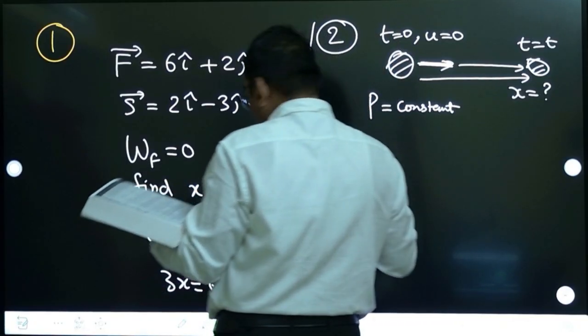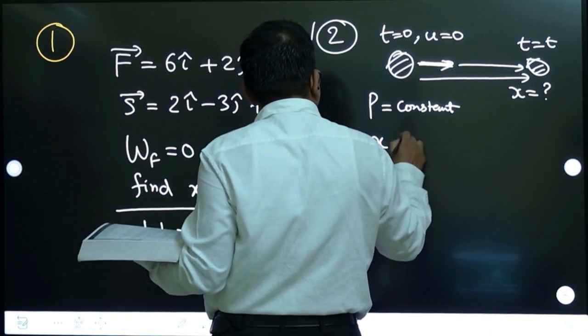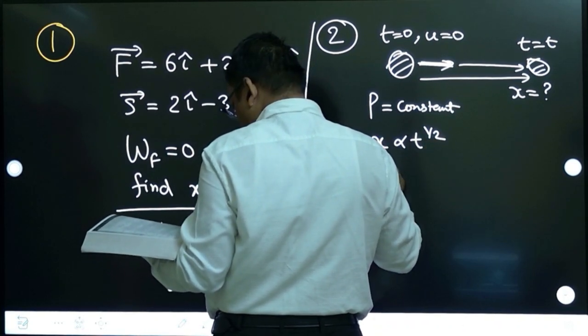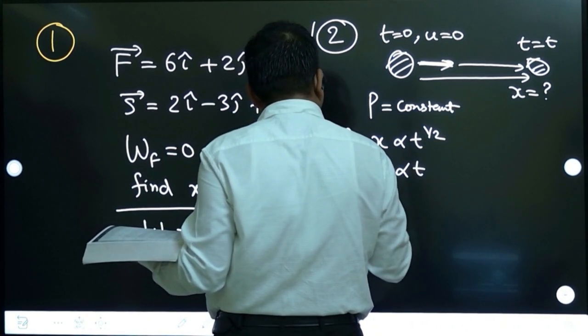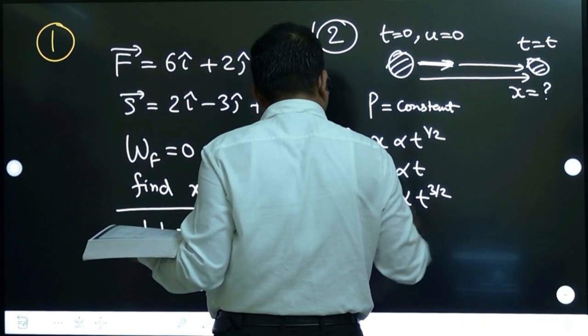That is the question. First option is that x is proportional to t power half. Second, x is proportional to t. Third, x is proportional to t power 3 by 2.